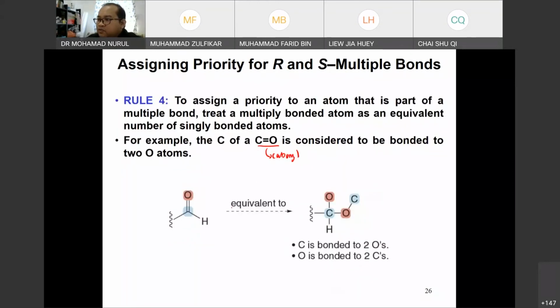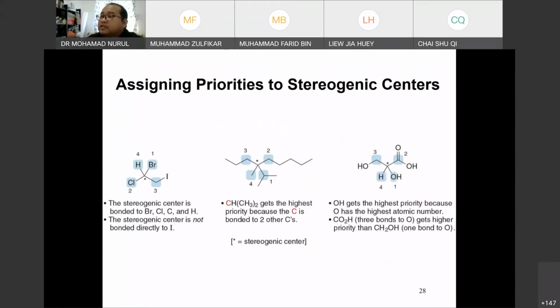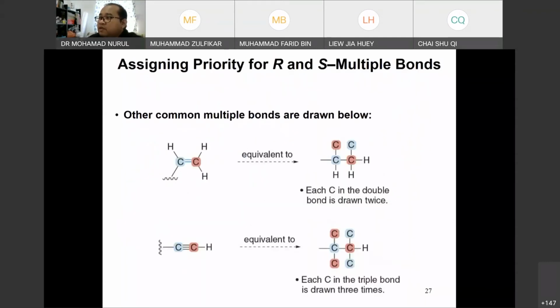So this is equivalent to carbon bonded to oxygen, carbon bonded to oxygen and carbon, and you assign the priority.